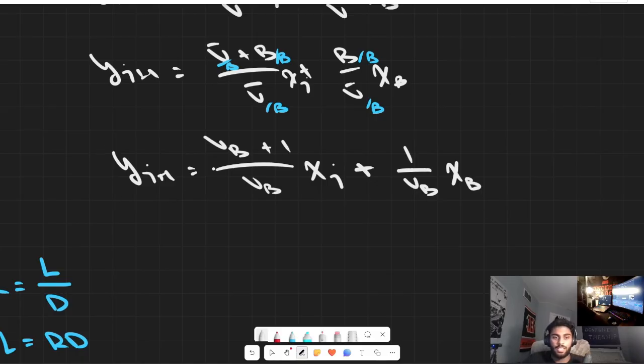And this is our mass balance now for our stripping section for our lighter component.